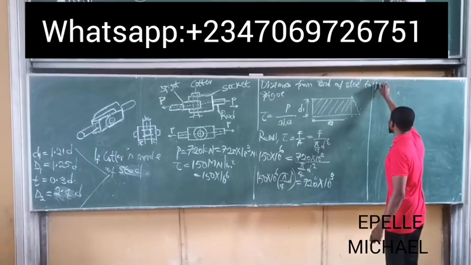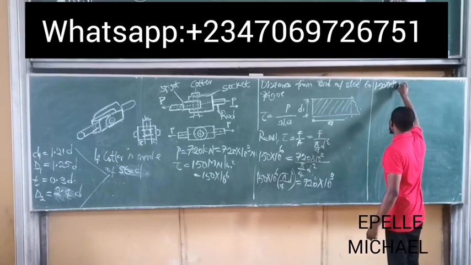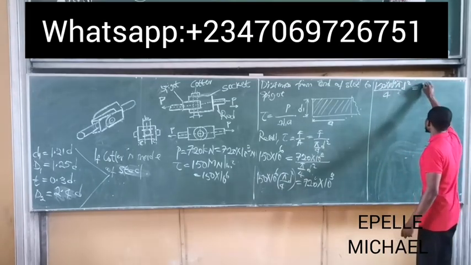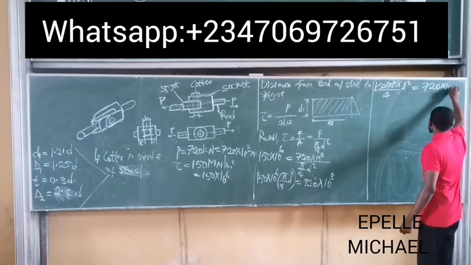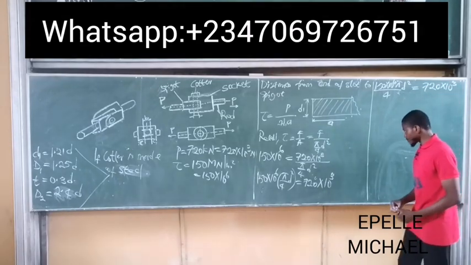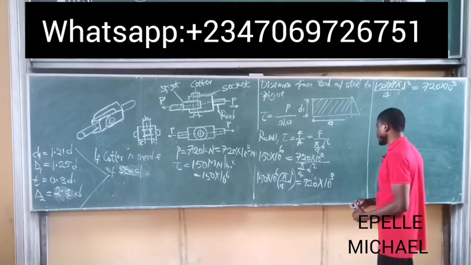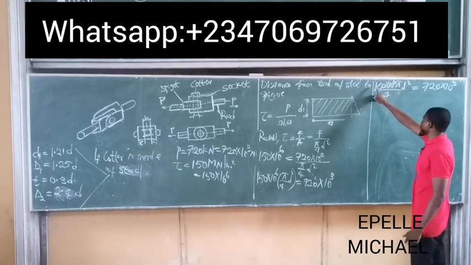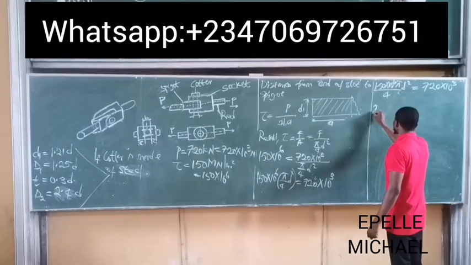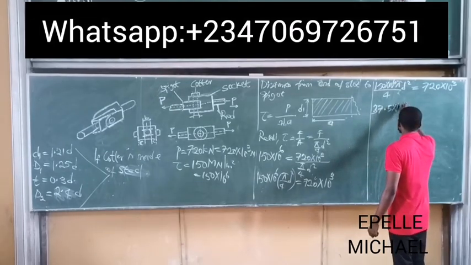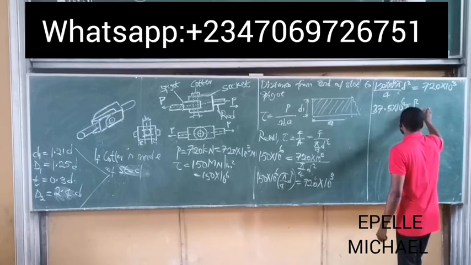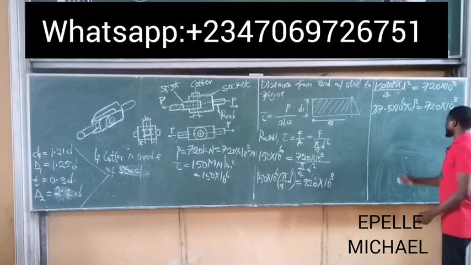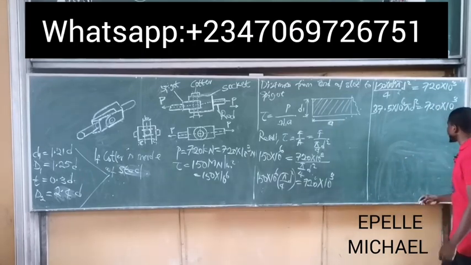So 150 divided by 4 is 37.5, and you have 37.5 by 10 to the power of 6 pi d squared, equal to 720 by 10 to the power of 3.